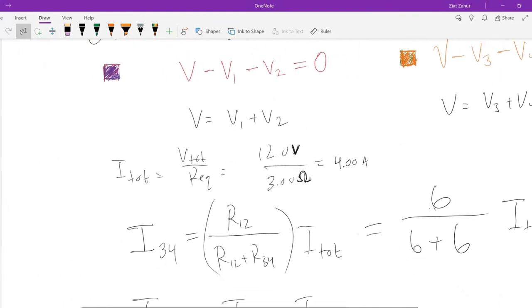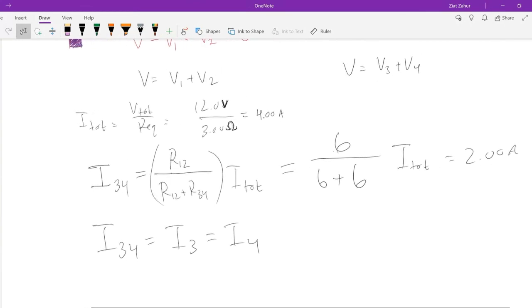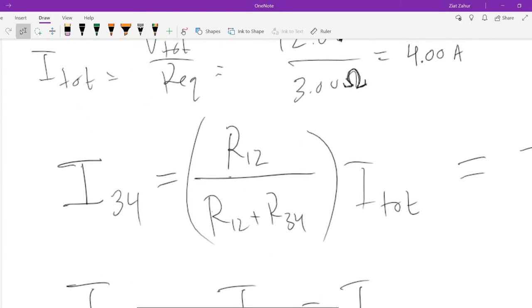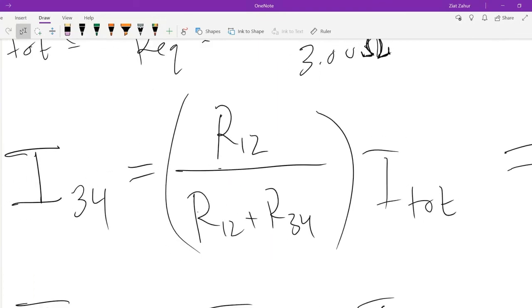And then using the current splitter rule, you're able to find the current in each branch. So for example, I34 is equal to, remember it's the opposite branch in the numerator, so the opposite branch is R12, divided by the sum of each branch. So the sum in the first branch R12 plus the sum of the second branch R34.